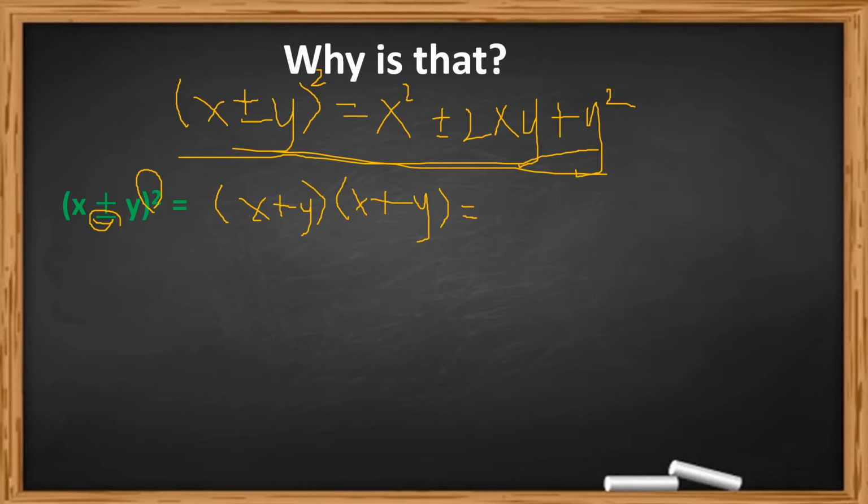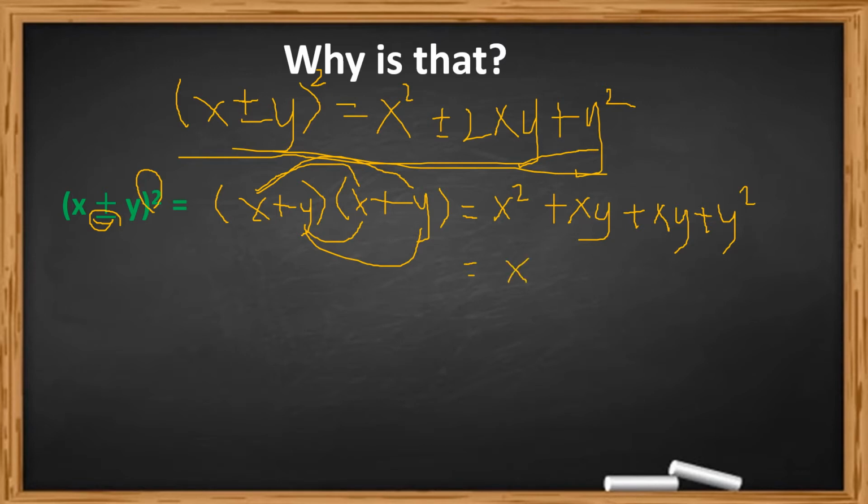So using the FOIL method, first terms x squared, outer terms xy, inner terms another xy, and last terms, that is y squared.